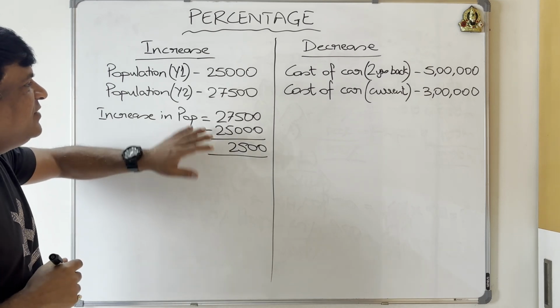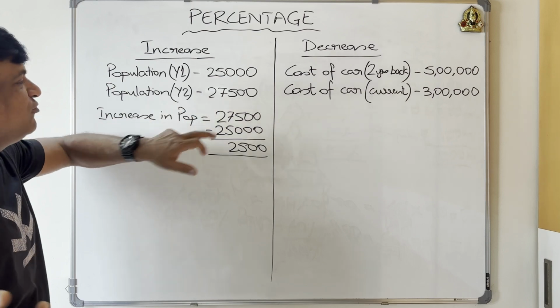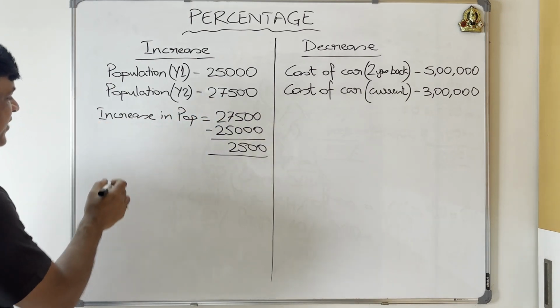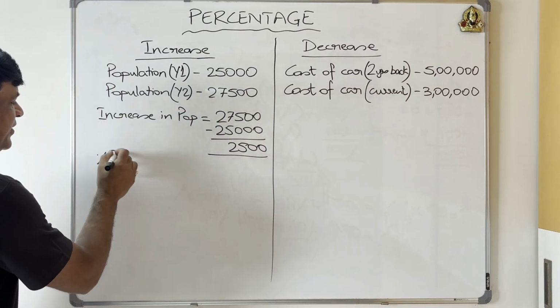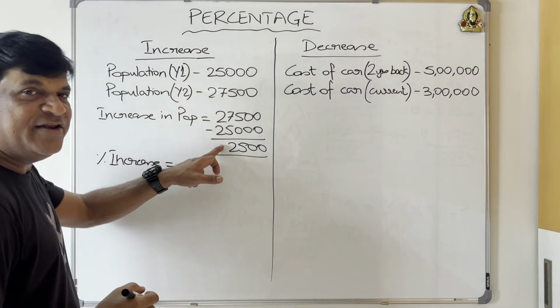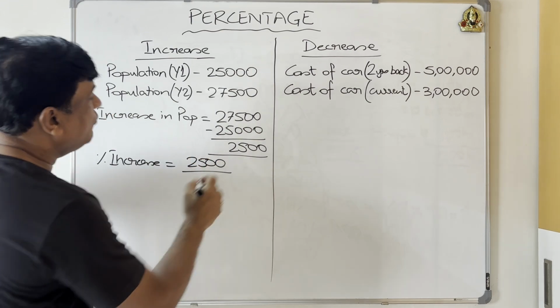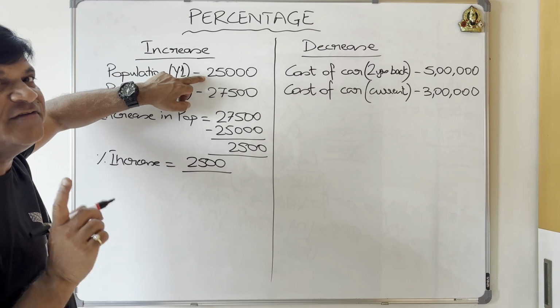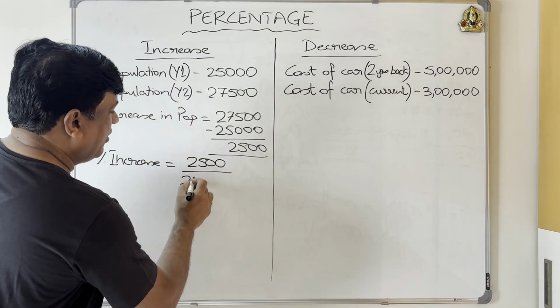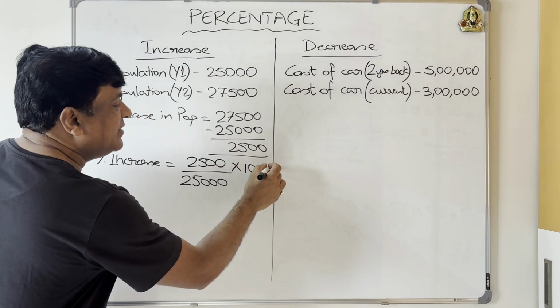Now they have asked us, in year 2, what is the increase percentage? So when you have to calculate the percentage, the percentage increase is always going to be calculated like this. What is the increase in population? It is 2500. What was the original population which we started with? It is 25,000, into 100, because we are calculating the percentage.